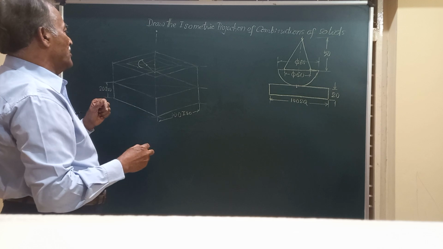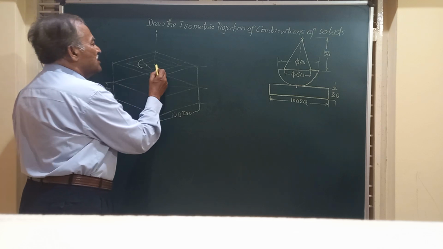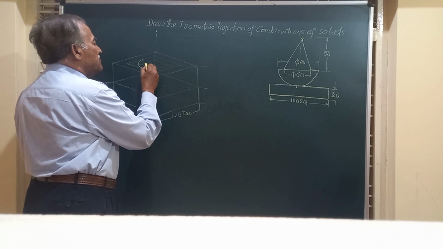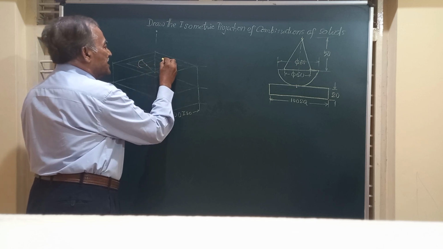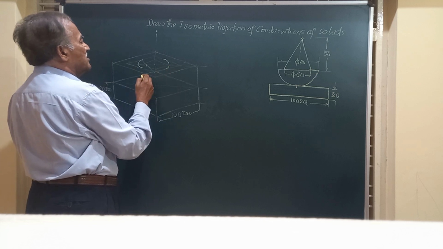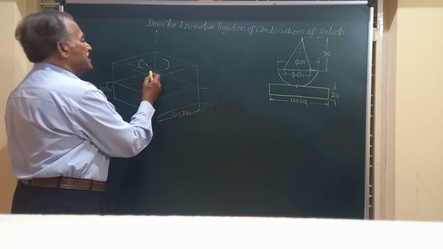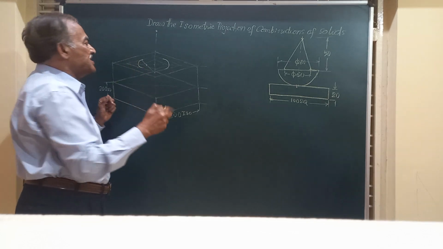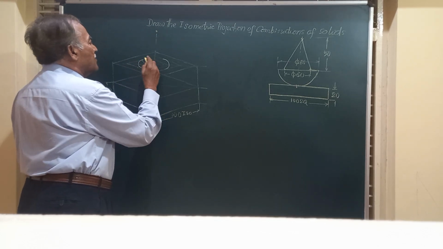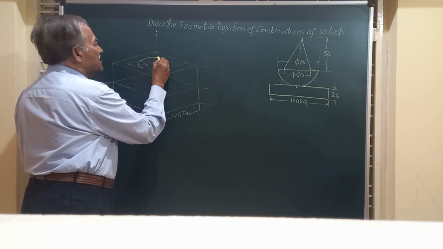As an arc I am going to draw. Similarly, friends, taking the same distance on the other end with the same radius, I will draw the second arc. So these two are drawn from center 1 and 2. Friends, this corner is center 3, with center 3 and this radius, I am going to draw the third arc.